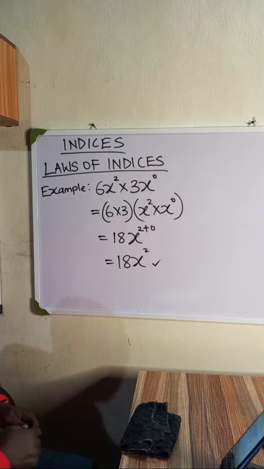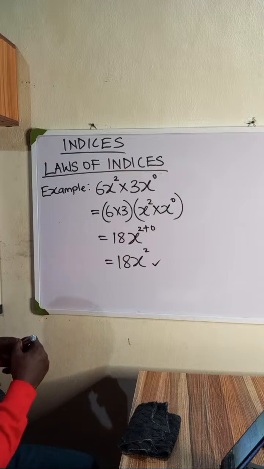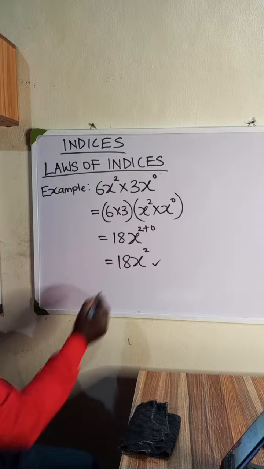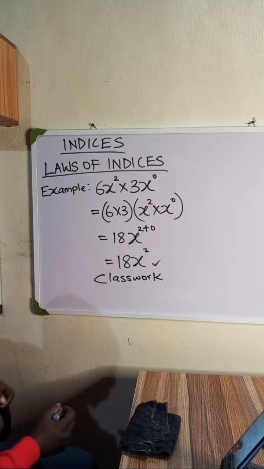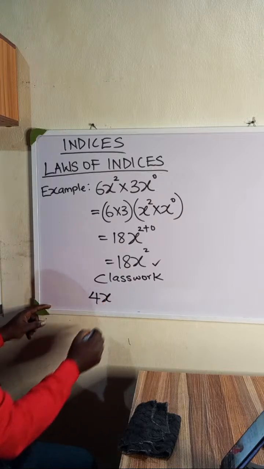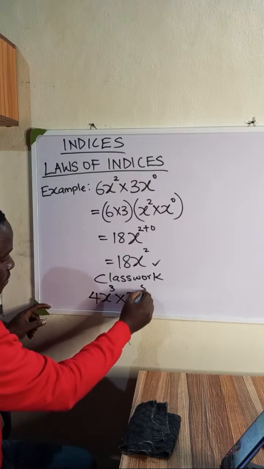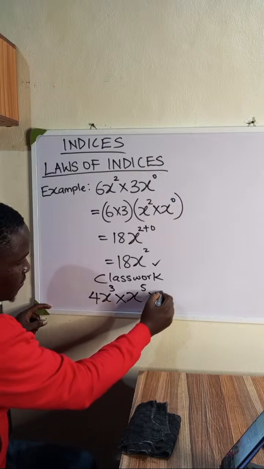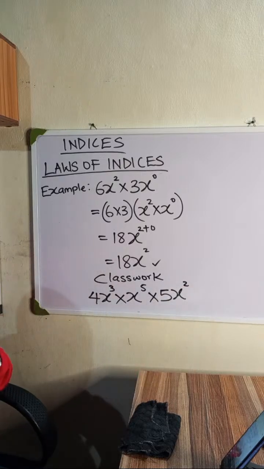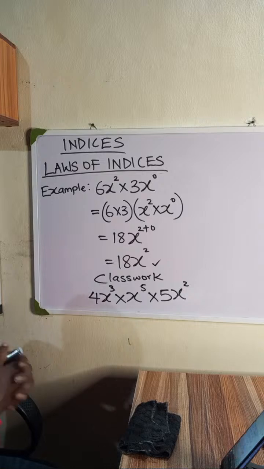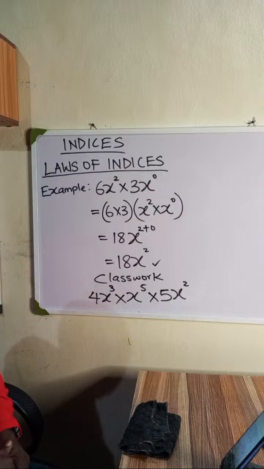Okay? So while we wait, I'd like you guys to solve this question. Where do I write it? 4x to the power of 3 times x to the power of 5 times 5x to the power of 2. Yeah, I'd like you guys to solve this in 2 minutes, and then we'll go to the next law of indices.